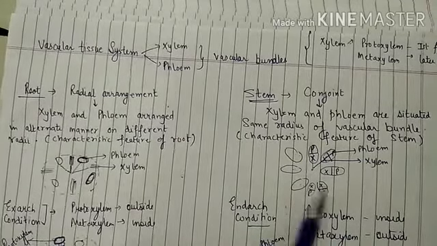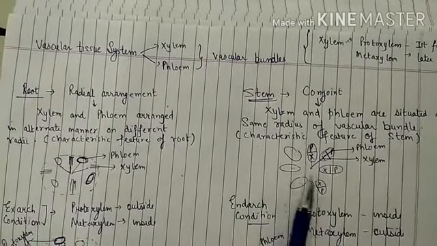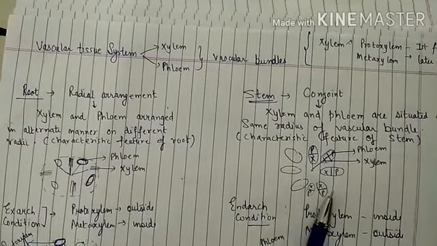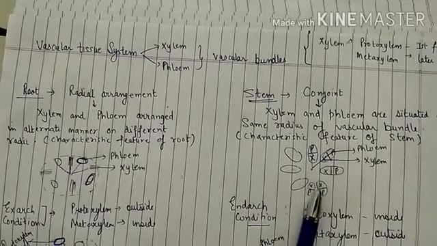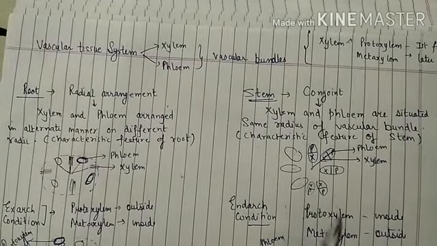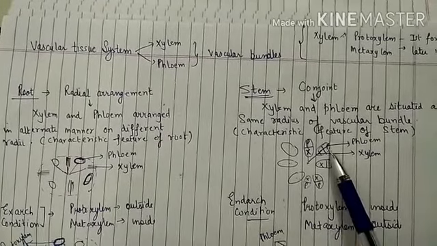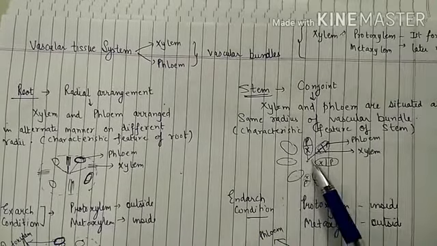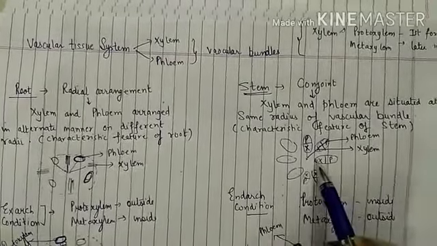And in stem, you will observe that there are conjoint vascular bundles. Conjoint vascular bundle means the xylem and phloem are situated on the same radius. As you are observing here, this is the phloem and this X represents xylem, and they are on the same radius.